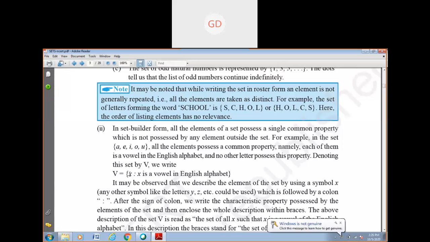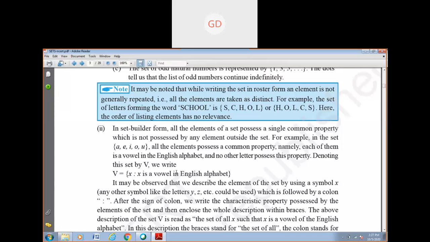First x is to express, after colon, x is a vowel in the English alphabet. That is, first x represents all the elements, and after colon you have to define x, that means about the elements. After colon, this must be properly defined so that no element is missed and it properly indicates the same elements.